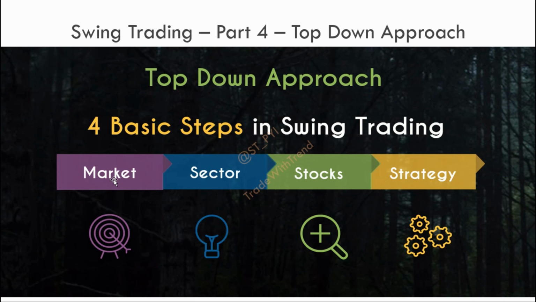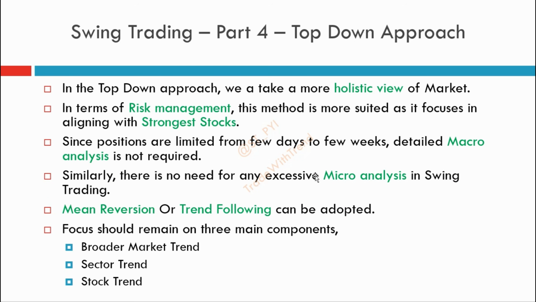We look for the broader market trend, then the sector trend, and then the stock-specific trend. There are 2 points that I want to mention here. Because we are swing trading and not investing, we don't hold our positions for more than a few weeks to, let's say, a couple of months, which is why you don't need to go into in-depth macro analysis.